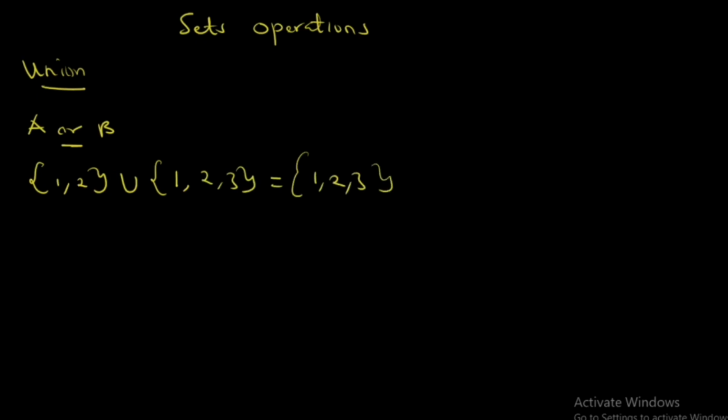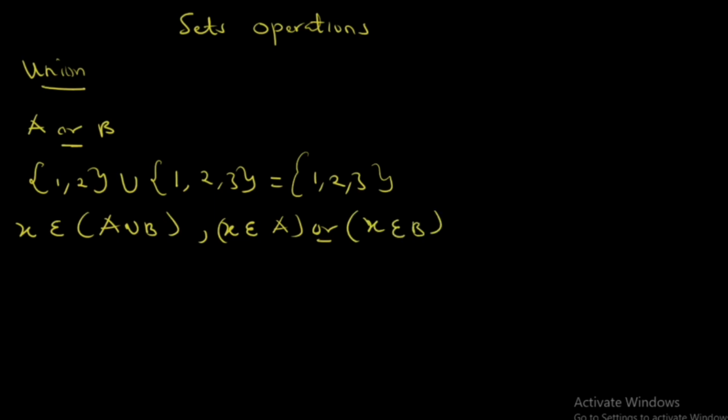We can write that X belongs to A union B if and only if X belongs to A or X belongs to B. Note that A union B is equal to B union A.